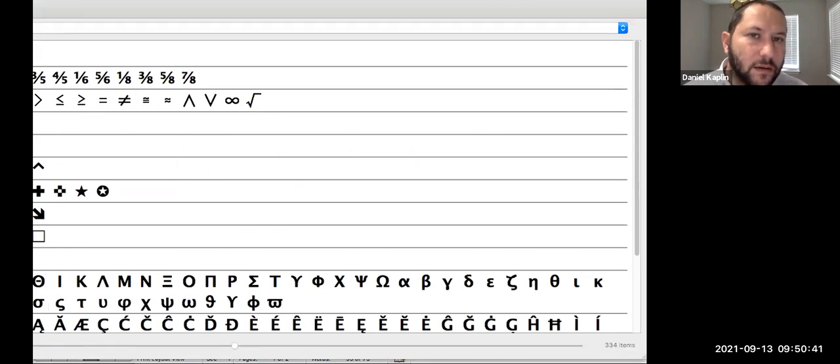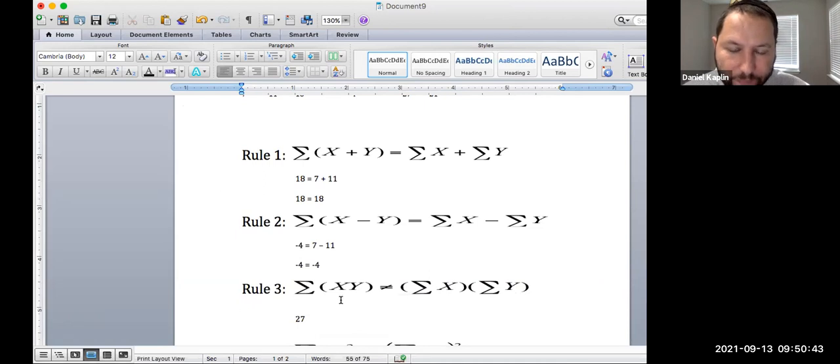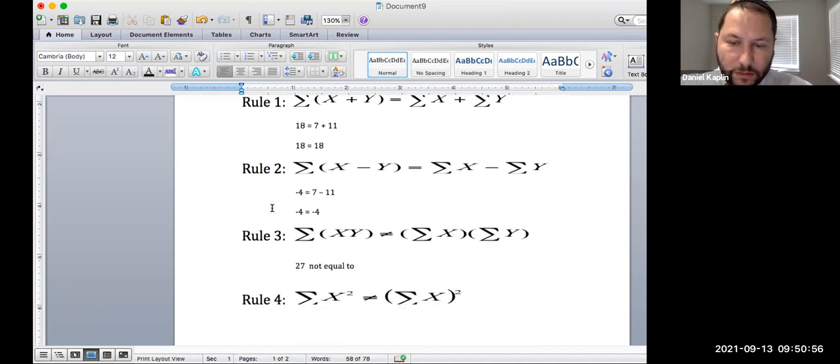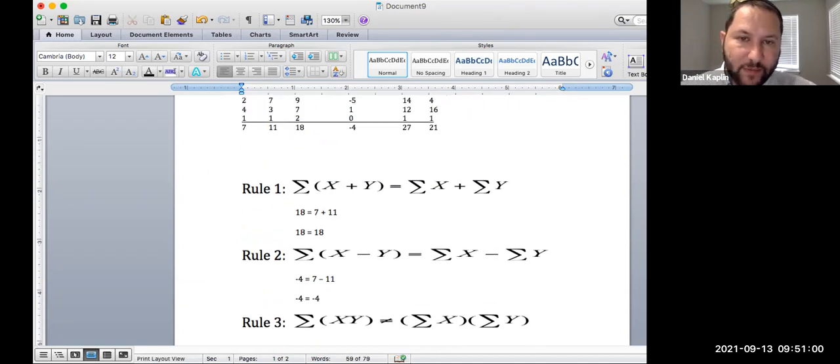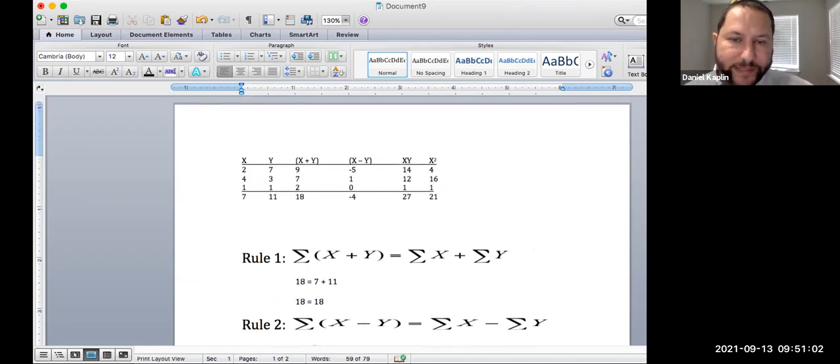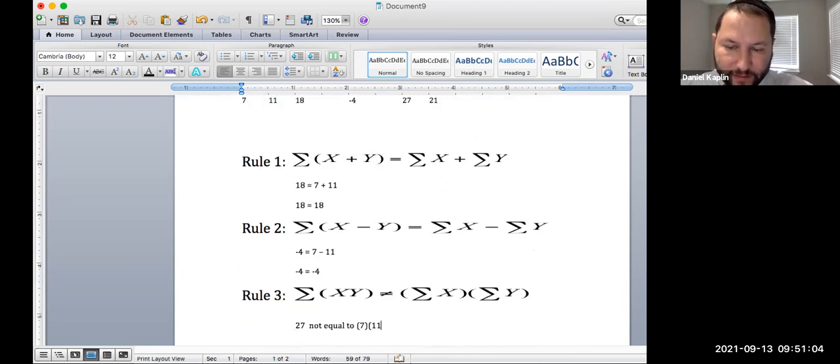Okay. All right, I'm just going to write is not equal to the sum of x column, which is 7, times the sum of y column, which is 11, right?